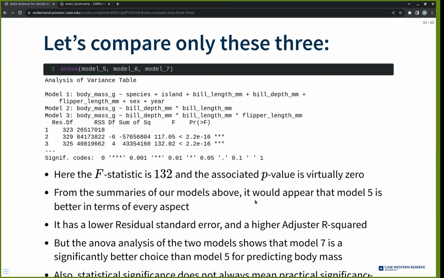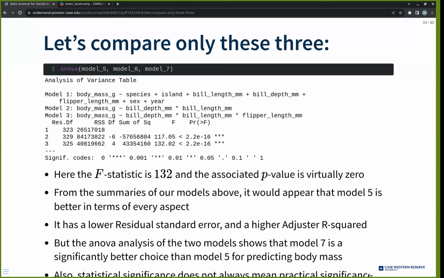If you just looked at the summaries from the models that we had printed out, the summary for every model, you would conclude that model 5 is the best, right? Because it had the best R squared and the lowest standard error, you would conclude that okay, model 5 is the best model.